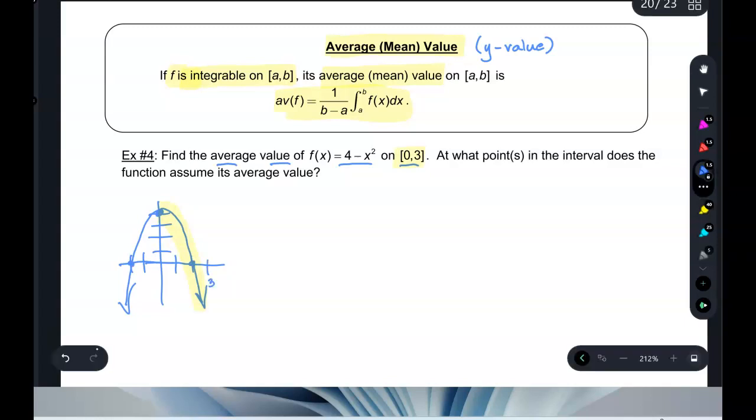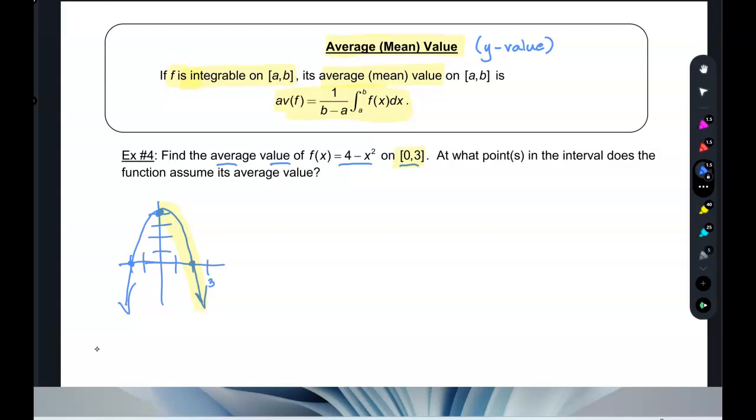So here's 3. You don't have to draw this. I'm just doing it for purposes of the example, so that you understand not just the formula, but what it means graphically. Looking at this, you want to think, where's the average value in that region?